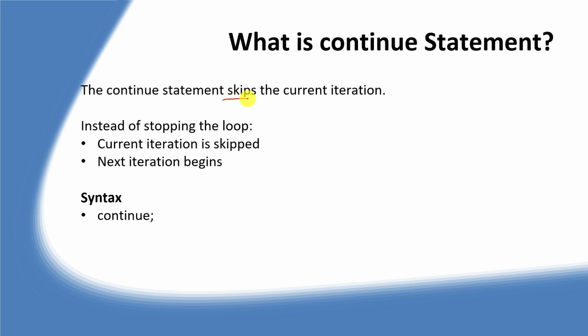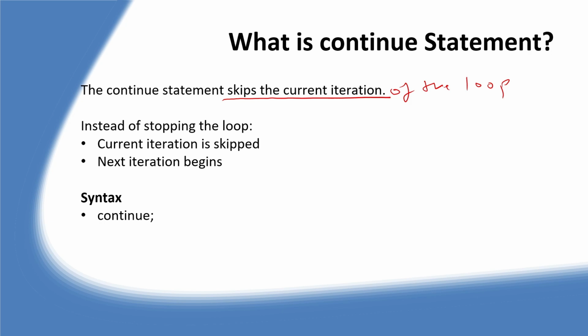So it is used to skip the current iteration of the loop and move directly to the next iteration. By the end of this video, you will understand how and when to use the continue statement.